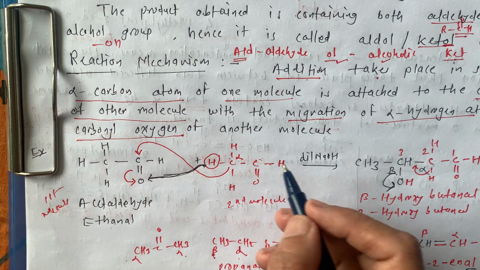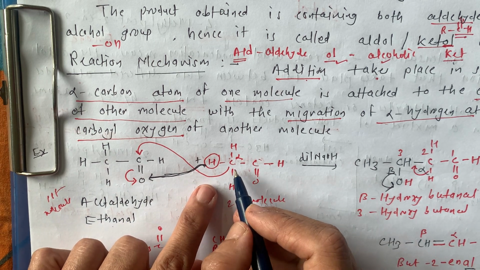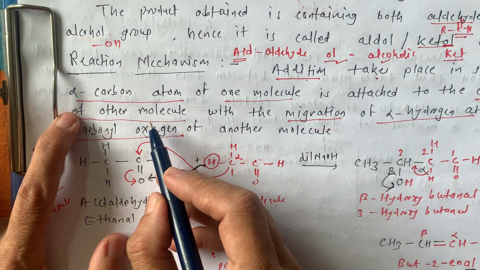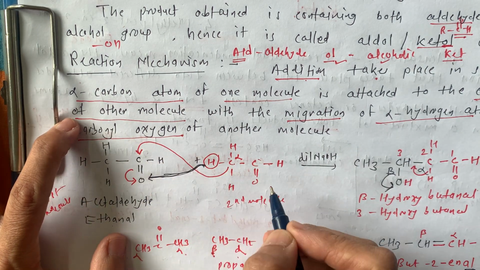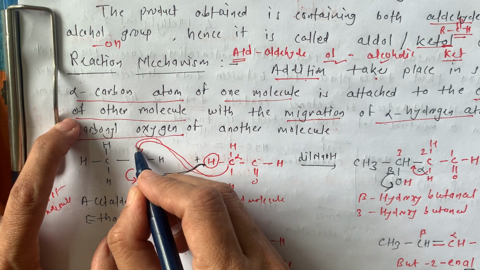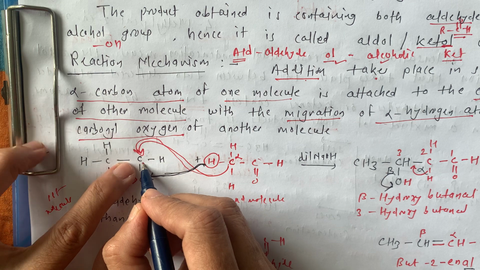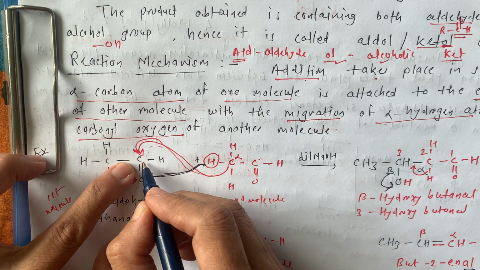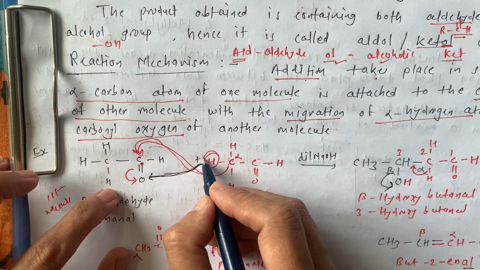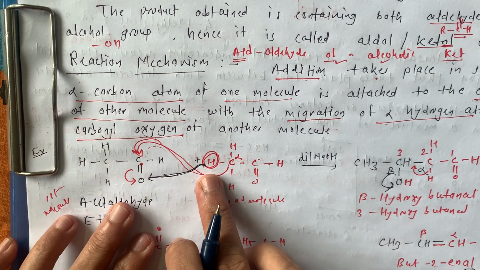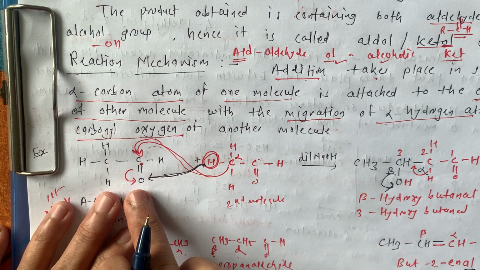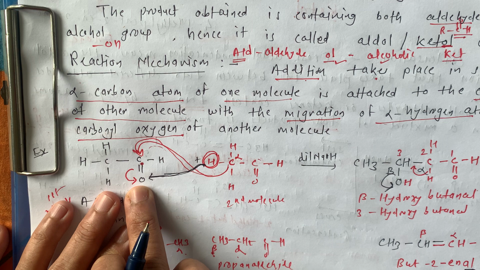This alpha carbon atom of one molecule is attached to the carbonyl carbon of the other molecule. This carbon is attached to this carbonyl carbon of the other molecule, and this alpha hydrogen, extracted due to base, is going to attach to this carbonyl oxygen.